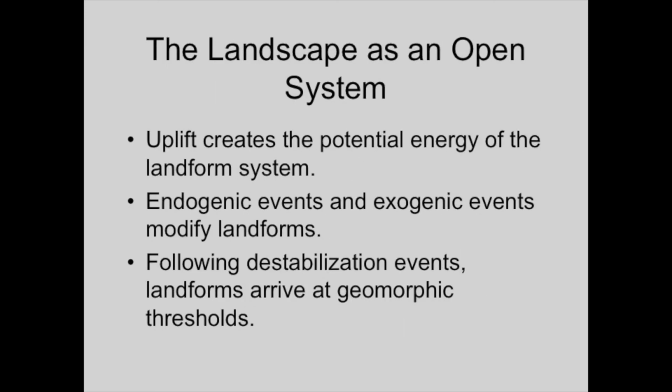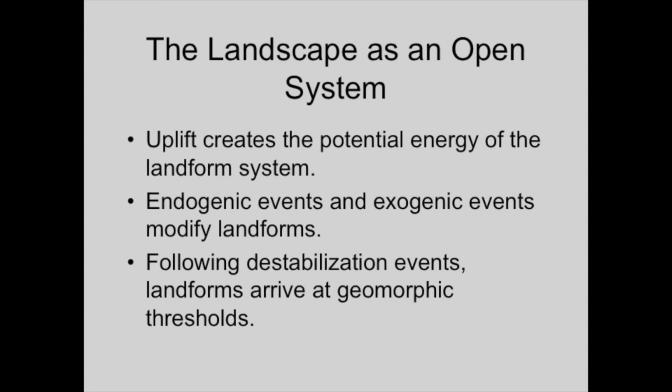So, a landscape is an open system. Uplift creates the energy potential for a landform system. Uplift, as I mentioned before, relates to tectonic activity. Endogenic or internal processes result in the gradual uplift of new landforms. The best example of uplift occurs along plate boundaries, where we find many of our mountains, mountain chains, and processes of mountain building.